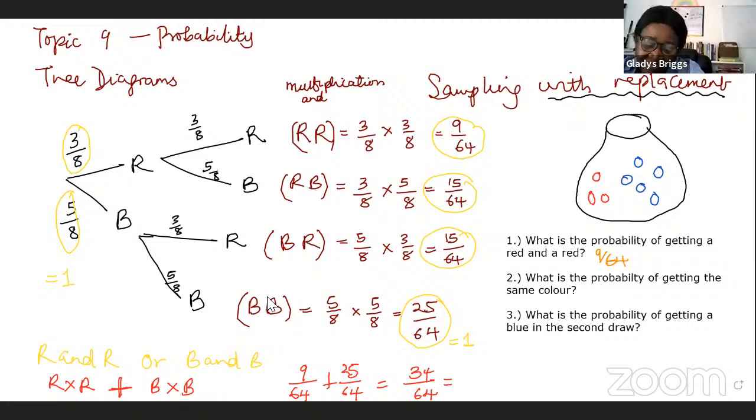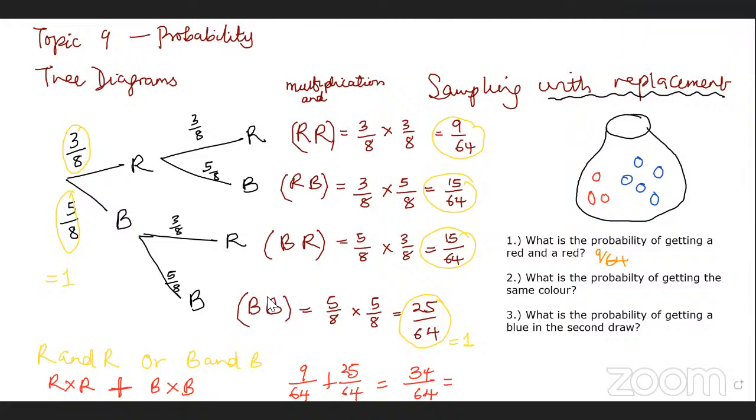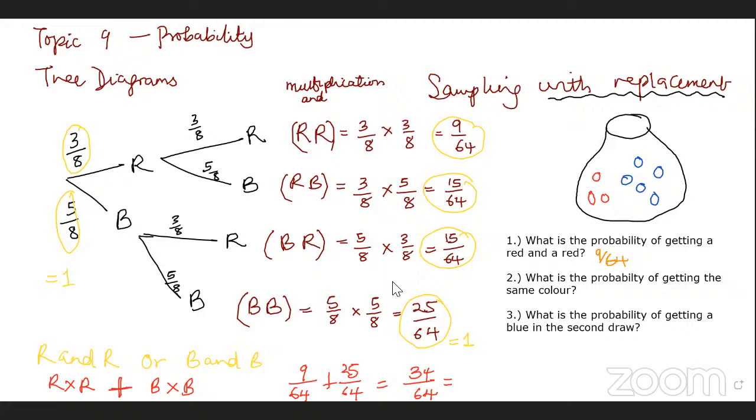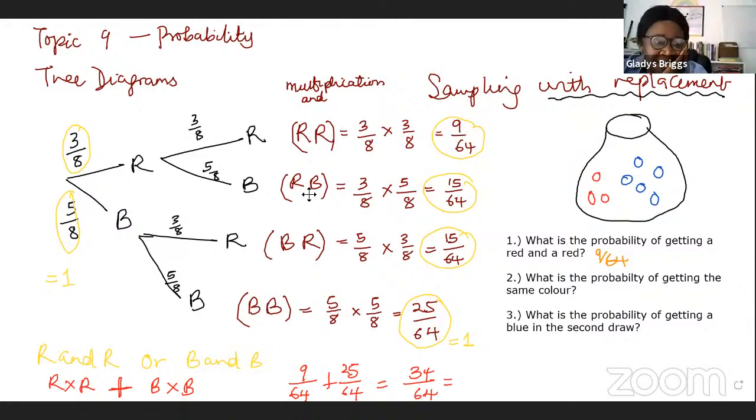Let's see where we are. The third question is: what is the probability of getting a blue in the second draw? A blue in the second draw is either red and blue or blue and blue.